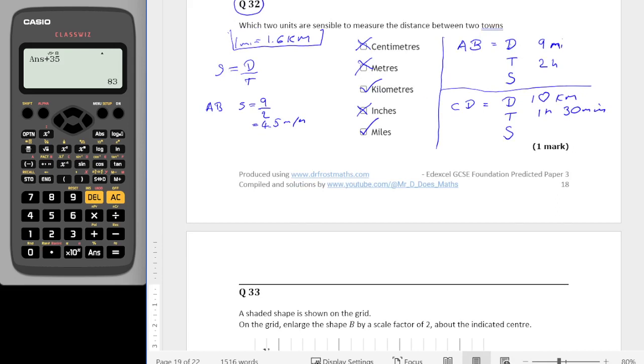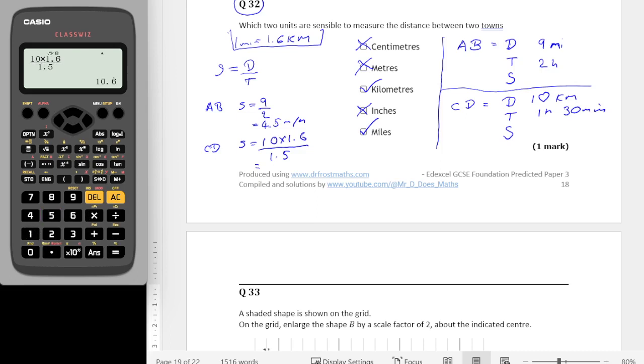So for C to D, we've got a difference of units. So for C to D, speed is going to be equal to the distance, and I want to convert the distance. So to convert the distance, I would have to do 10 times by 1.6, and then I'm going to divide that by the time, 1.5 hours. So if I do that on my calculator, I'm going to look at 10 multiplied by 1.6, and I want to divide that by 1.5.